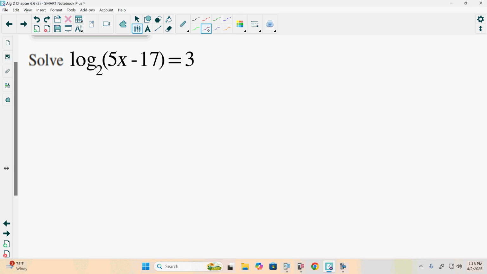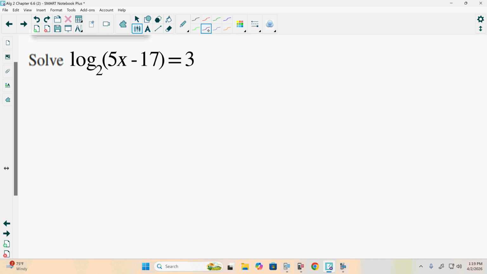Now, the last type we're going to look at for today is going to be logarithms. When we were solving exponentials just a minute ago, we wanted one base on either side. With logarithms, I want one log, especially if we have more than one log. Our one-to-one property says we put one log on either side and simplify it out.